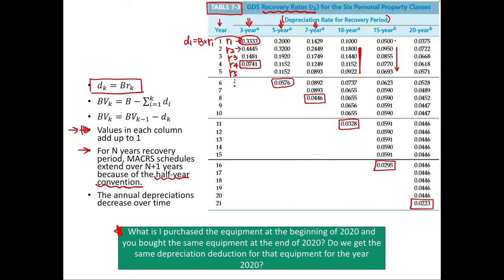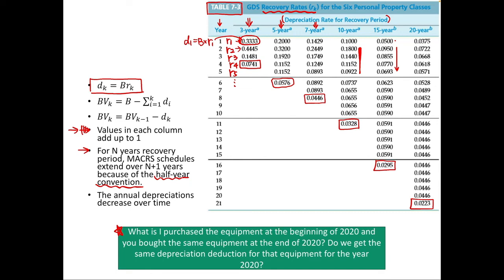Okay, and then the same thing for the column of 5-year, we have R6. That's also a little bit, like 5%. So that 5% depreciation deduction is to make up the loss in the first year depreciation deduction for somebody who actually bought the asset at the beginning of that year.